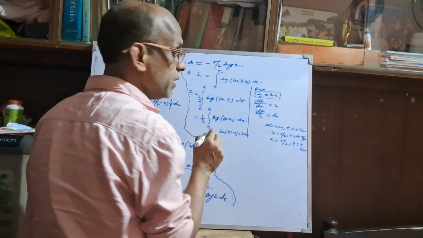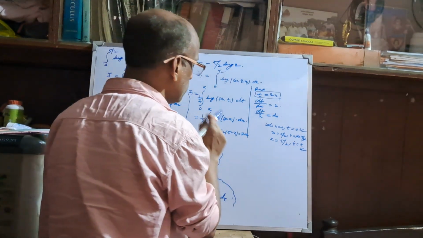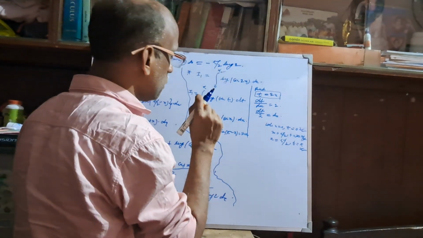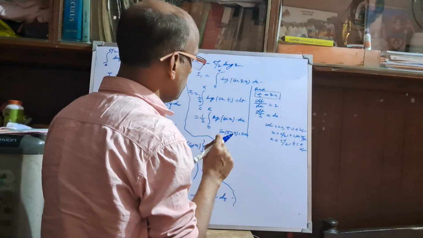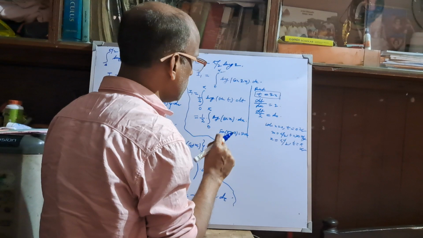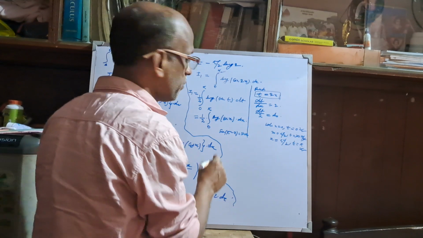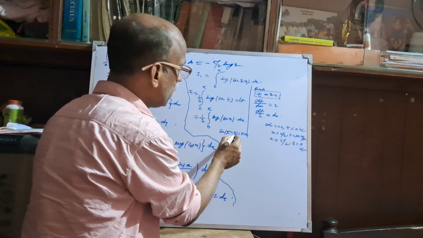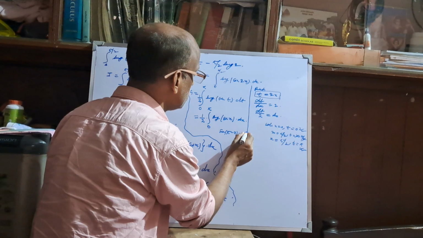This is the associated angle concept: if any angle is added to or subtracted from an even multiple of 90 degrees, then there is no change in the trigonometrical form, and the plus or minus sign will be governed by the quadrant rule. According to that concept I have done this so far. So you will take care of this.